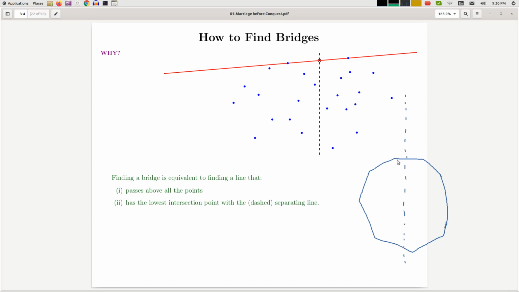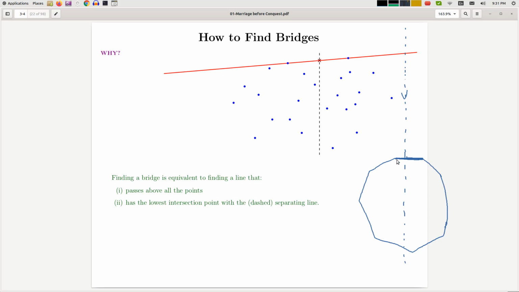This edge is the common tangent between left and right. The main property of this edge is that if I start traveling from plus infinity all the way down, it is the first edge of the convex hull that I visit. So when I'm going down, this is the first edge that I hit, and that's the common tangent. That's the edge that I want to find.